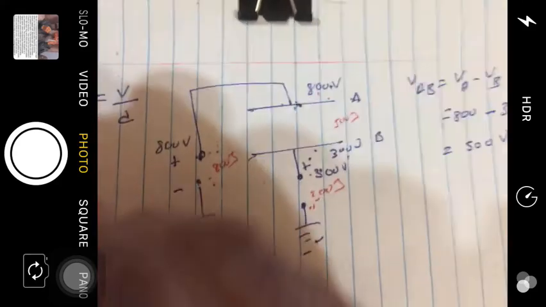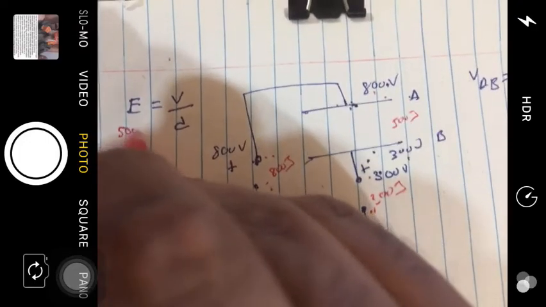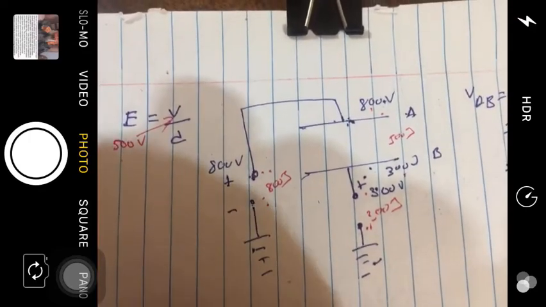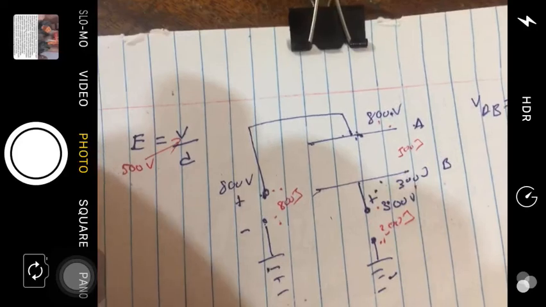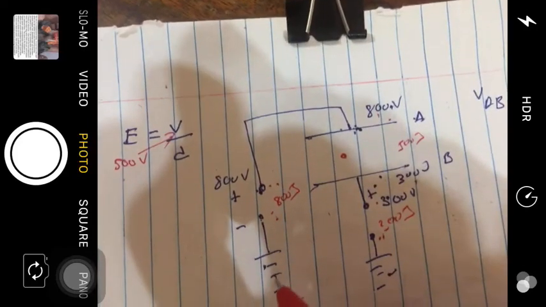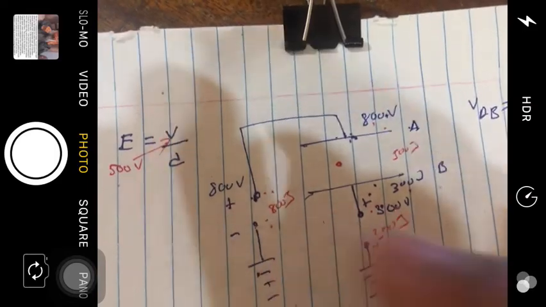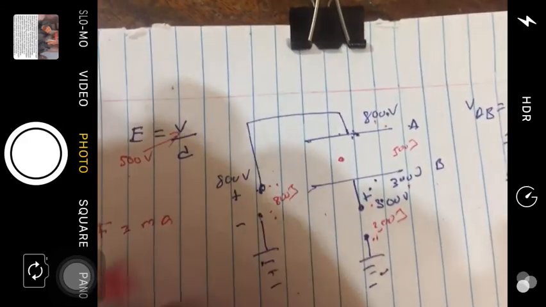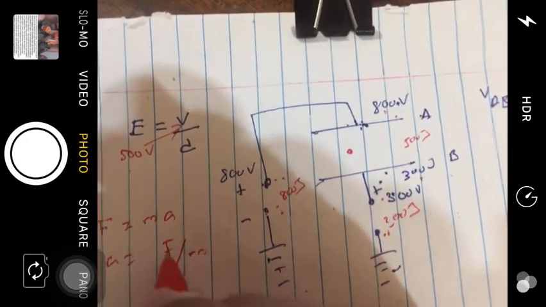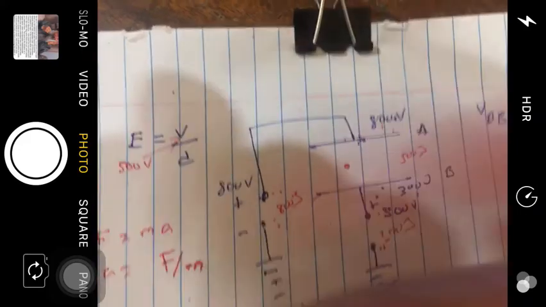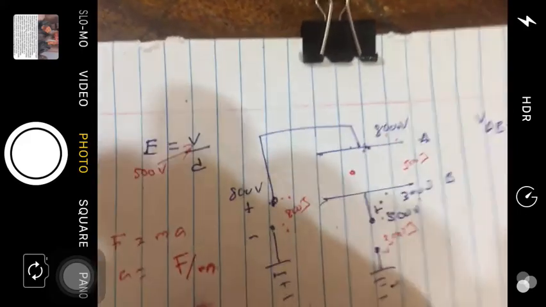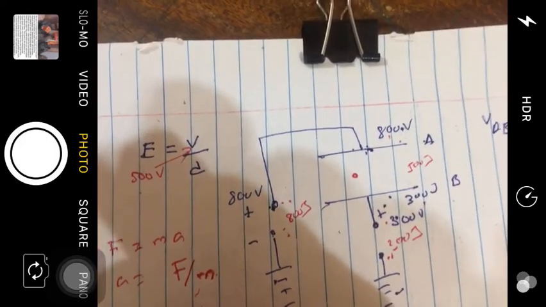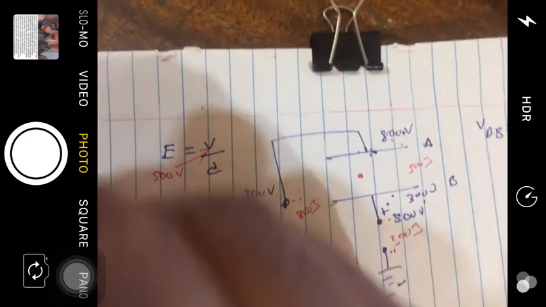Once you have found the voltage value to be 500 volts, the rest is easy. There is a proton in between, and they're asking you to calculate the acceleration of the proton. To calculate the acceleration, we can use F equals ma, so a is F over m. The mass of the proton will be given in the exam paper. The force is equal to electric field strength times charge.